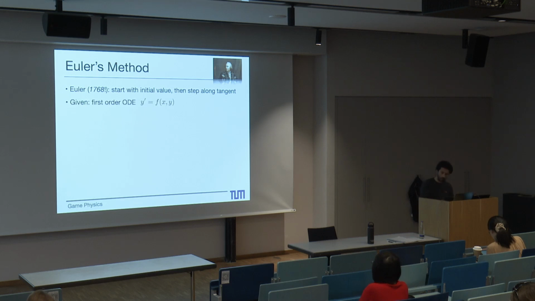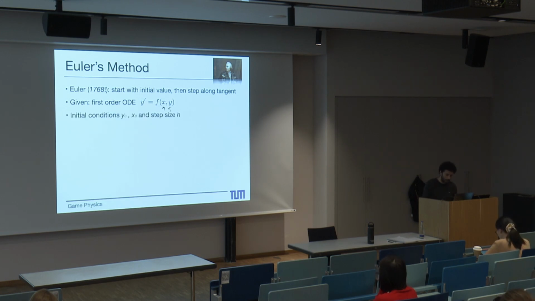So let's consider a function that is written like this. We have an analytical expression for the first derivative of this function, which depends in principle both on the free variable and on the function itself. We consider initial conditions for the free and dependent variable with a given step size.